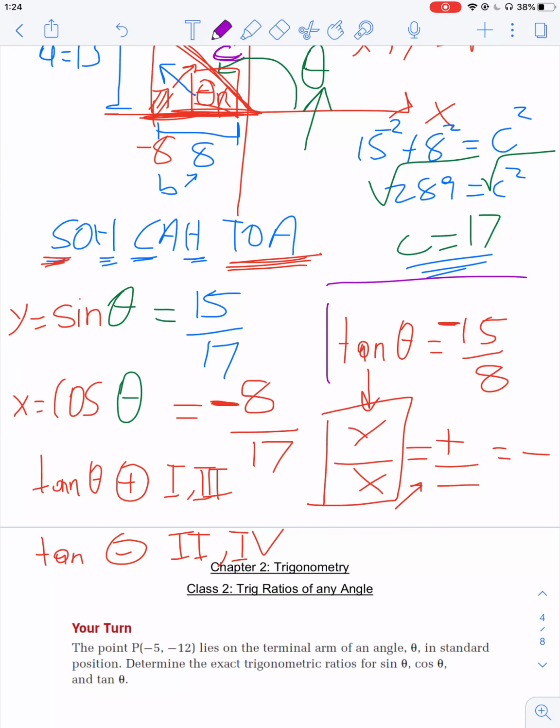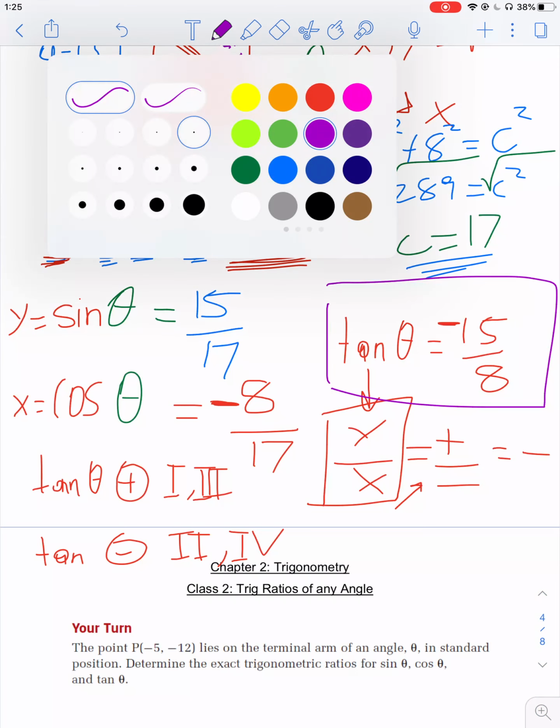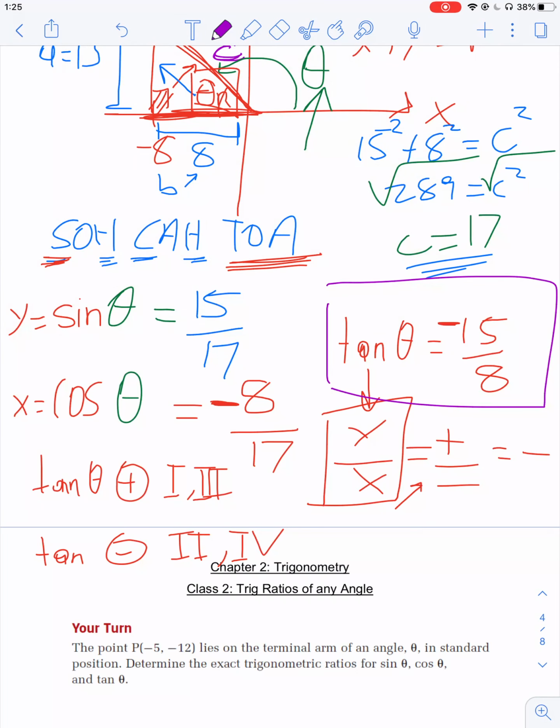If both your coordinates are positive, then your end result will be positive. And if both of them are negative, then your end result will also be positive, which is why tan theta is positive in quadrants 1 and 3, okay? Because in quadrant 1, both your x and y values are positive, and in quadrant 3, both your x and y values are negative, okay?